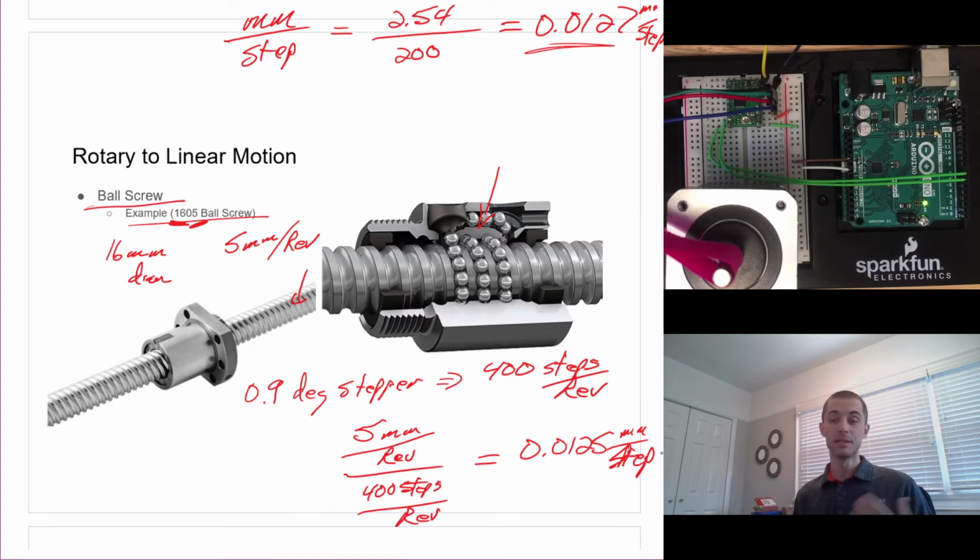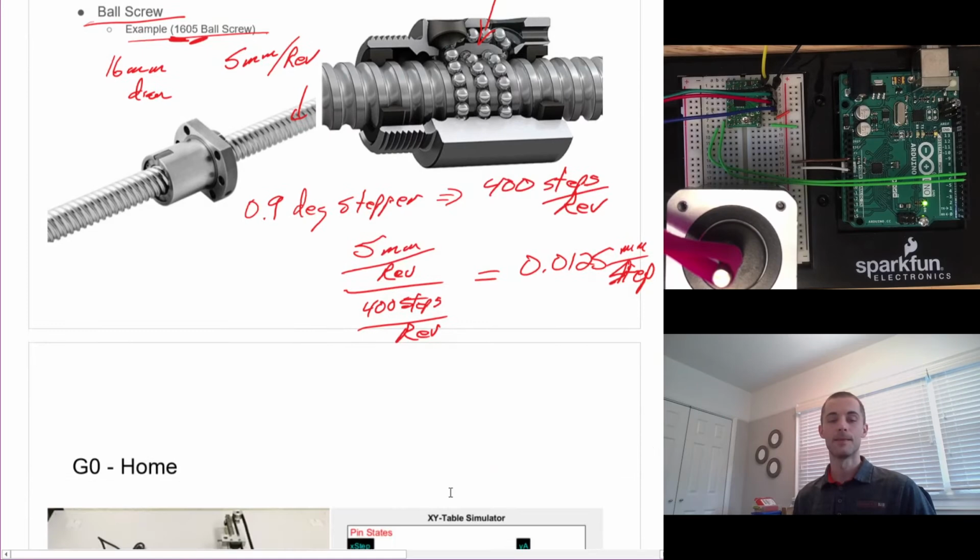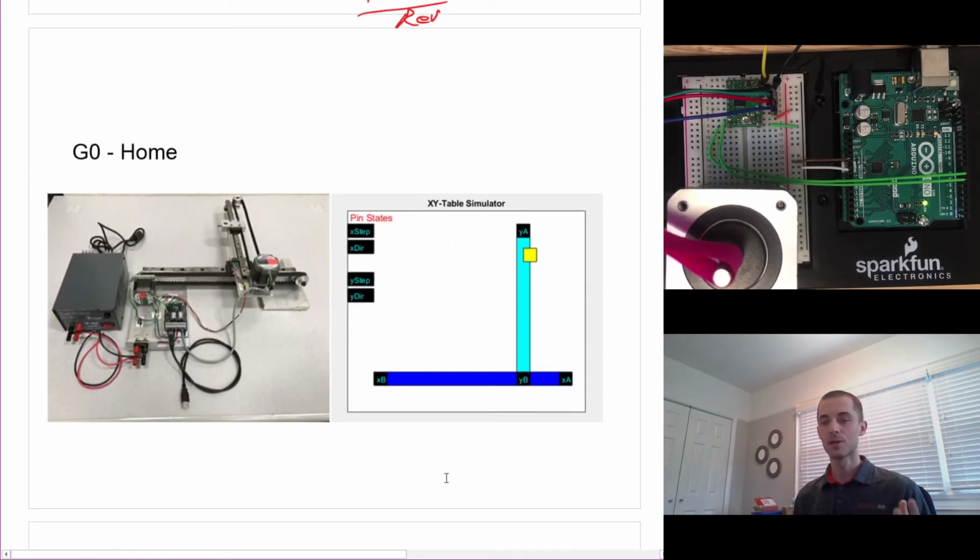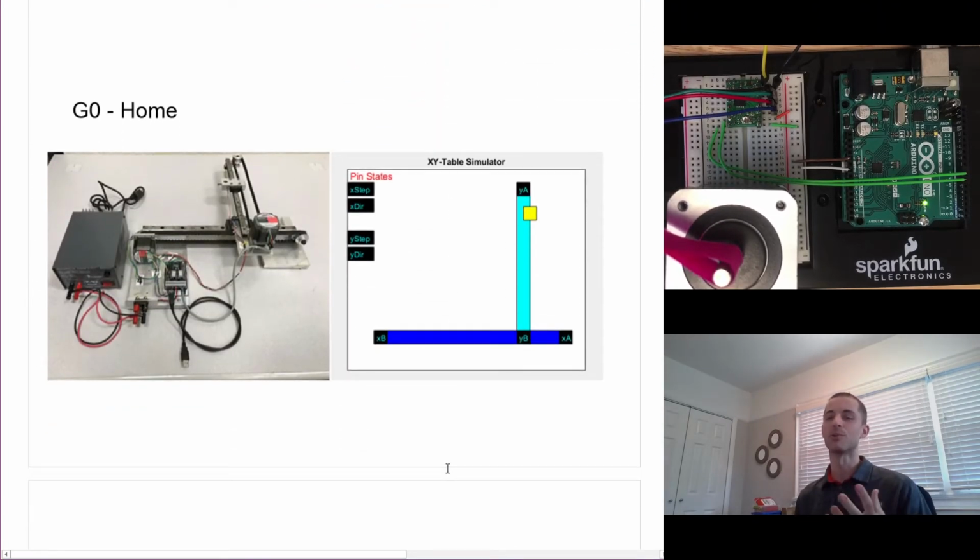There are lead screws and ball screws and pulleys and belts that can have smaller pitches, larger pitches. It all depends on what you're trying to achieve with the machine, and you choose one over the other for different reasons. But they all go to translating that rotary motion into linear motion.